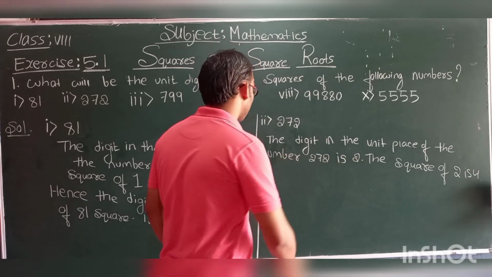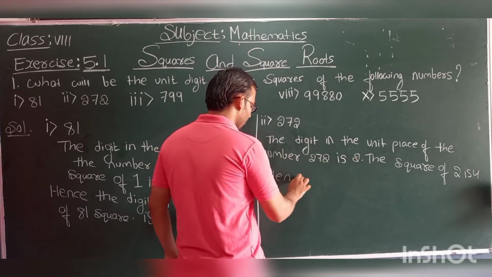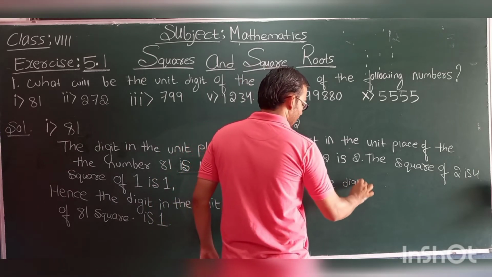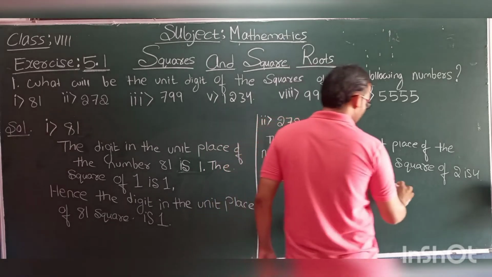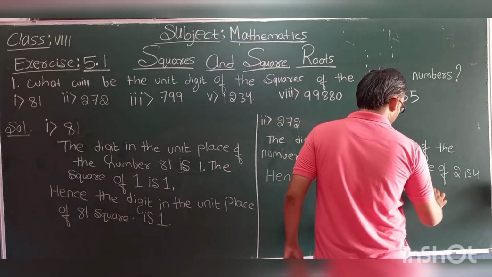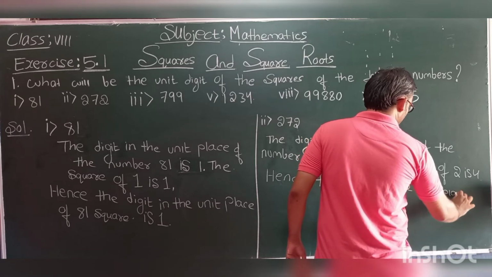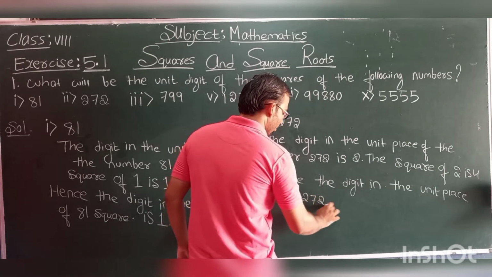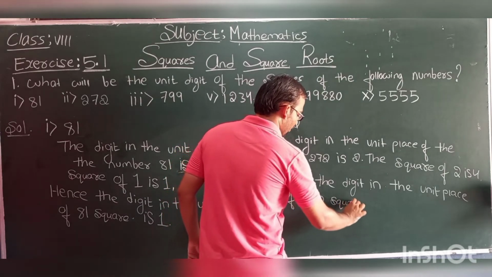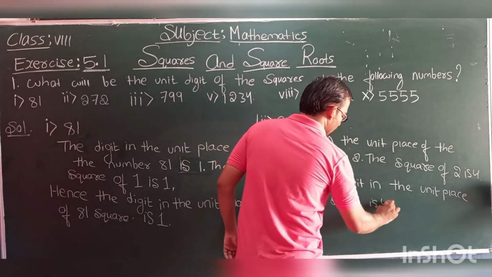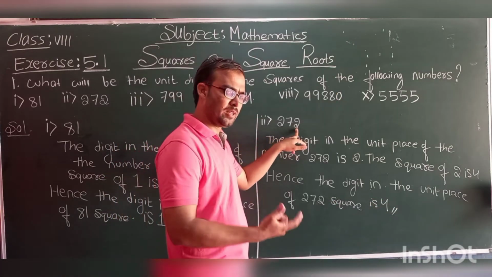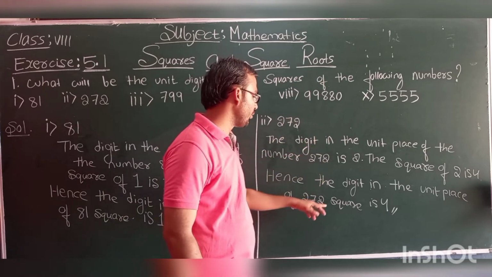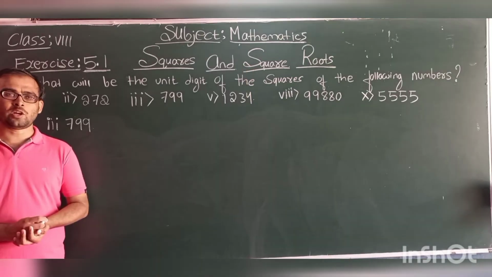The square of 2 is 4. Hence, the digit in the unit place of 272 square is 4. As the digit in the unit place is 2, 2 square is 4. Therefore, the digit in the unit place of 272 square is 4 only.